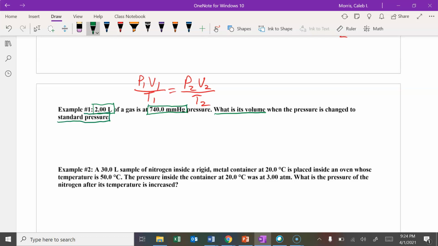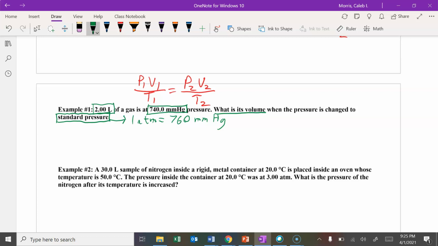Now the standard pressure, remember, that is 1 atmosphere, which is also equal to 760 millimeters of mercury. So you need to know what these units mean.